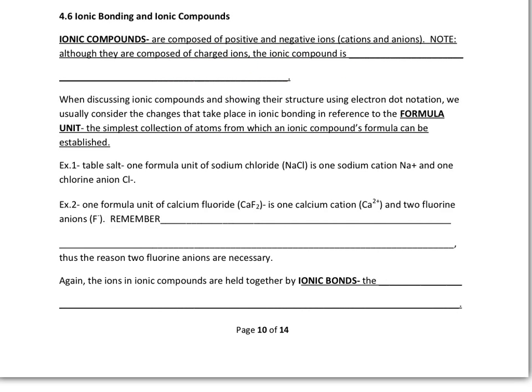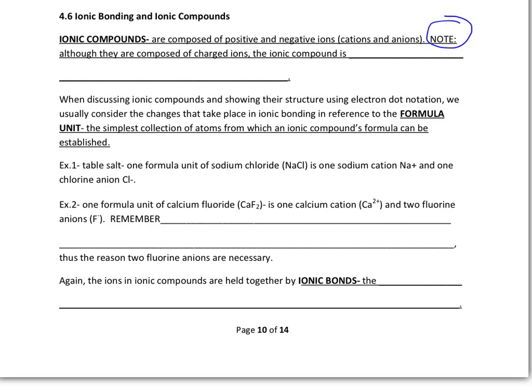Okay, we've just finished up covalent bonds, and covalently bonded things are called molecules usually. Ionic compounds, however, are composed of positive and negative ions. Remember cations and anions. And please remember, this is very important, this note right here.